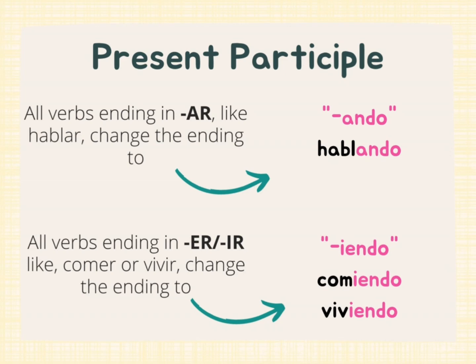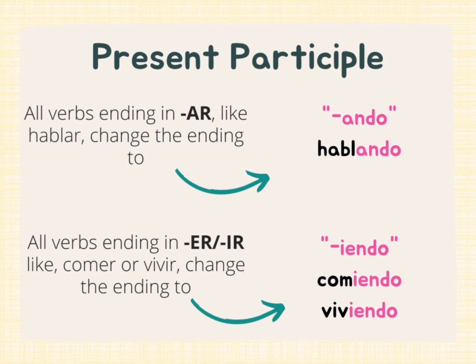We're going to change it to ando, A-N-D-O. So we drop off the AR in hablar, and then we add the A-N-D-O, and we are left with hablando. So that's talking.